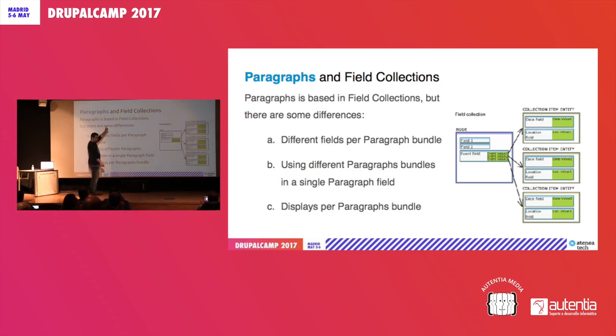And finally, do you remember the field collections module? It's a module that we used a lot with Drupal 7. It allows you to make a repetitive structure. Like here, we have a node with a field, and this field could be repeated, and have 2 or more values. Okay? It was really interesting at this time, and we used it a lot. The difference with paragraph is that you can have different paragraph bundles per field. It means that with the field collection, we have the same structure every time.